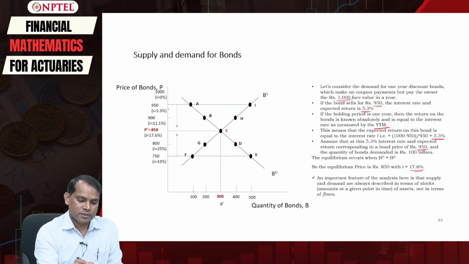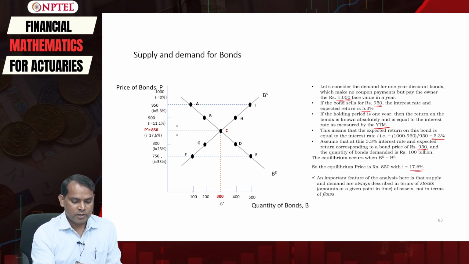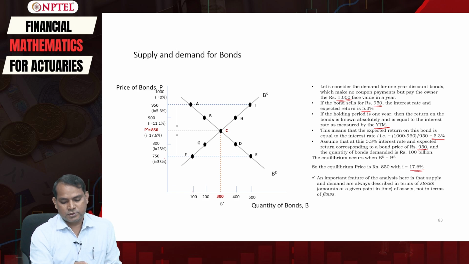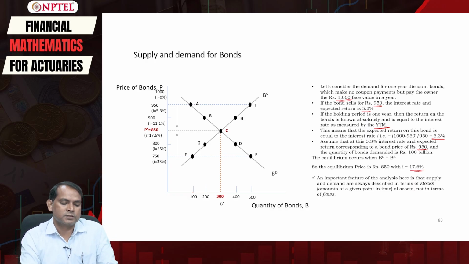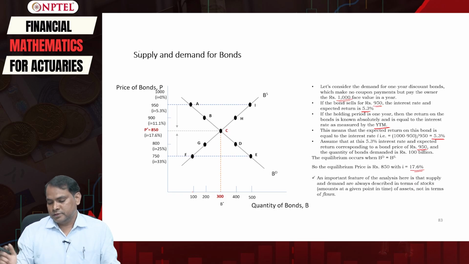Whenever the price is high, the interest rate is lower. When the price is 950, the interest rate is 5.3%, but when the price is 750, the interest rate is 33%. So this gives us an idea that there is an inverse relationship between the market interest rate, or the equilibrium interest rate, and the equilibrium price.